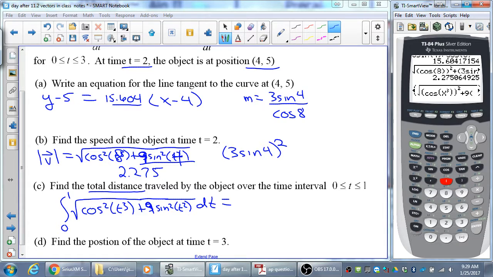Not 9 sine, but 9 sine of t squared, and then that squared. Whoops, delete that out. I need to get all the way over to here. dx, enter, 1.458.